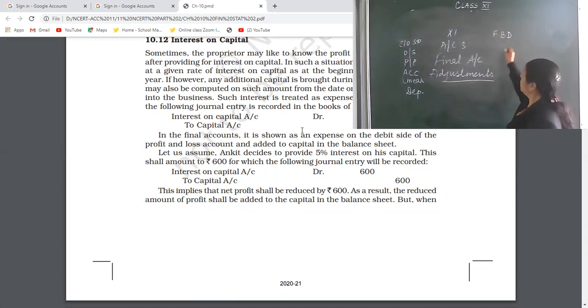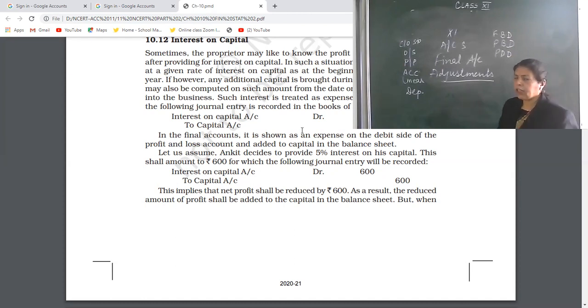Then next, provision for bad and doubtful debts. Provision for bad and doubtful debts means there is the possibility of bad debts. Then provision for discount on debtors. All these three will have the same impact. Okay, so it's easy for you to learn.